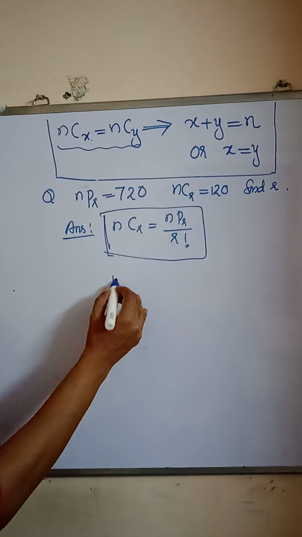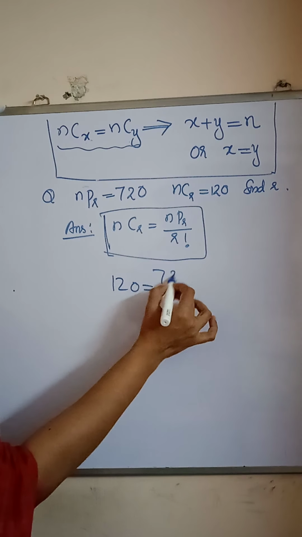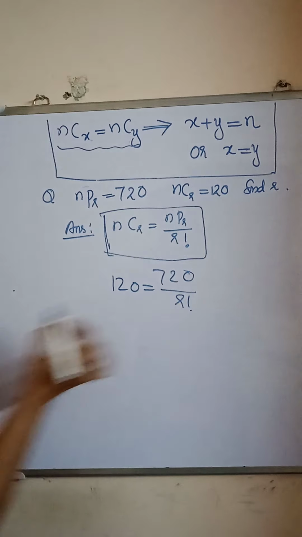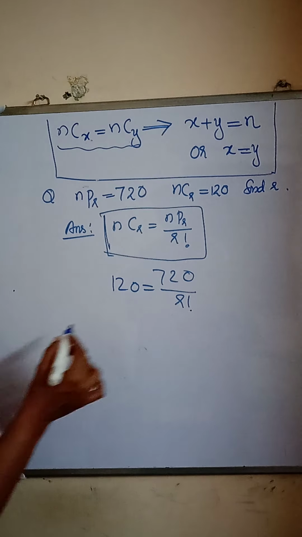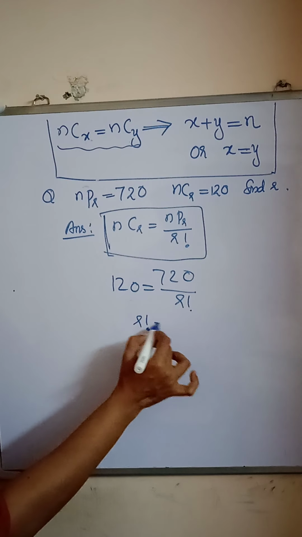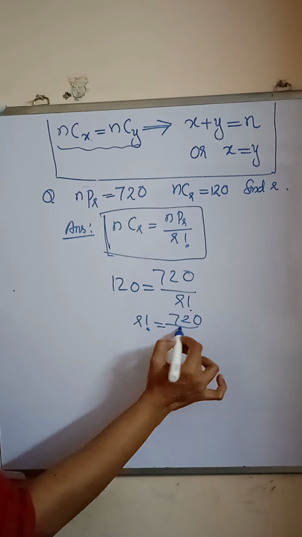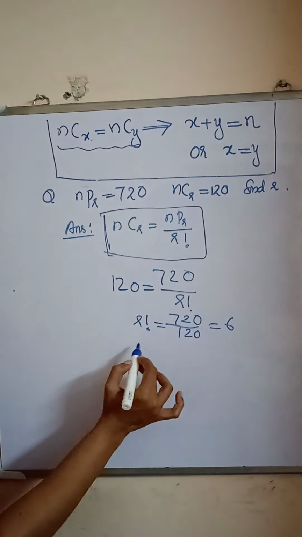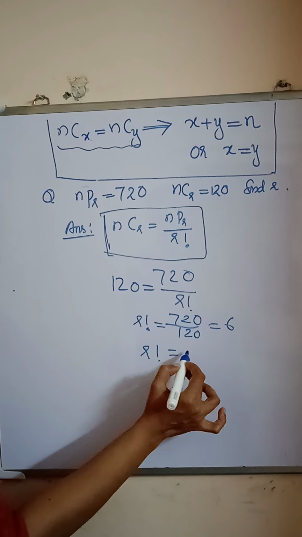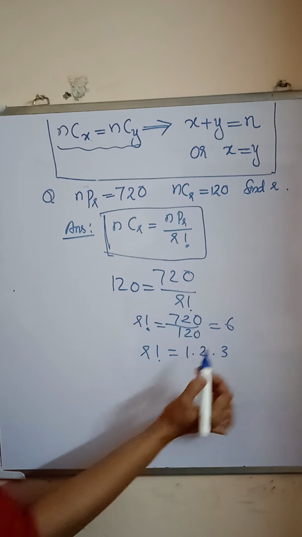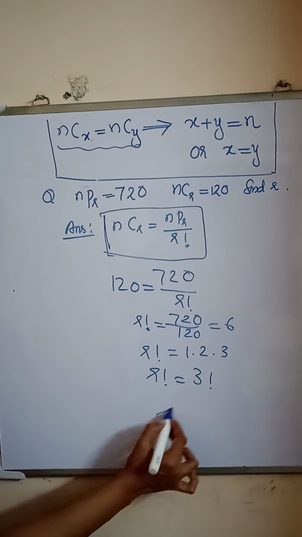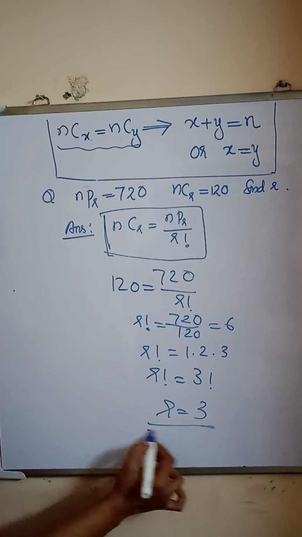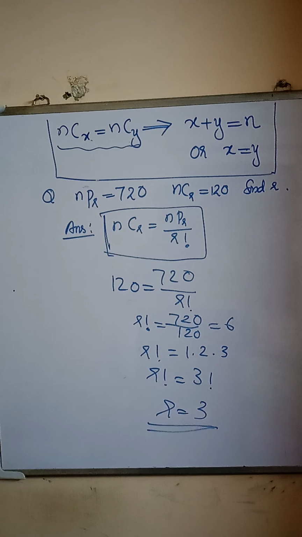So 120 is equal to 720 divided by r factorial, or r factorial equals 720 divided by 120, that is equal to 6. So r factorial is 1 into 2 into 3, that is 6, or r factorial is equal to 3 factorial. So r is equal to 3.